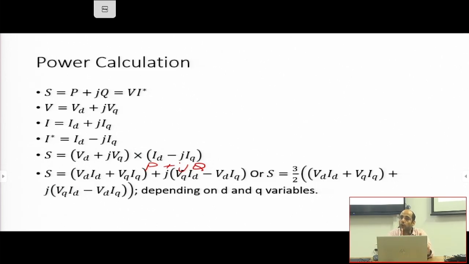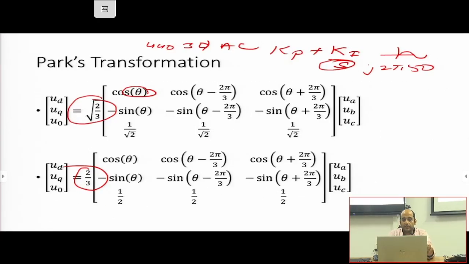Now, as I told you, there can be different ways of converting ABC to DQ. You can take phase voltage, line voltage, peak or RMS. Accordingly, your factors will come. For example, if you go back to this and compare these two, root 2 by root 3 or 2 by 3, right? So there is just a numerical factor. So the d-axis voltage and d-axis current will have a certain factor gain.